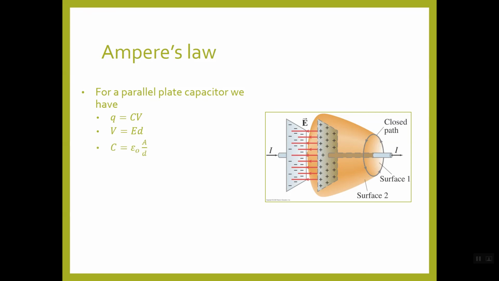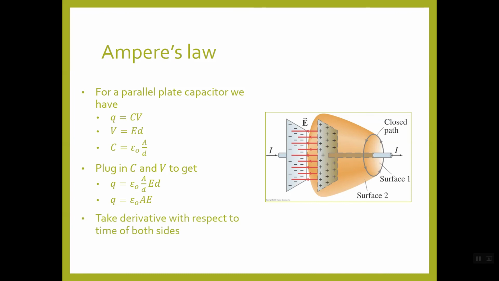And we know for a parallel plate capacitor, the capacitance is equal to epsilon naught A, the area of the plates, over d, the distance between the plates. So we're going to plug in the capacitance and the voltage to get Q is equal to epsilon naught A over d, times E times d. Cross out the d's, and we'll take the derivative with respect to time of both sides.